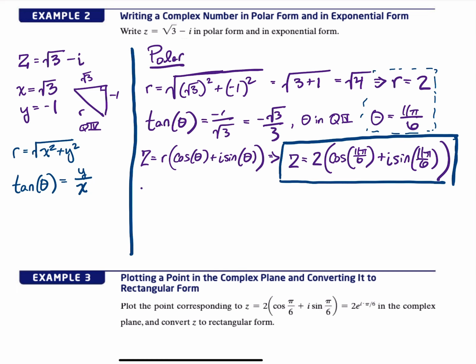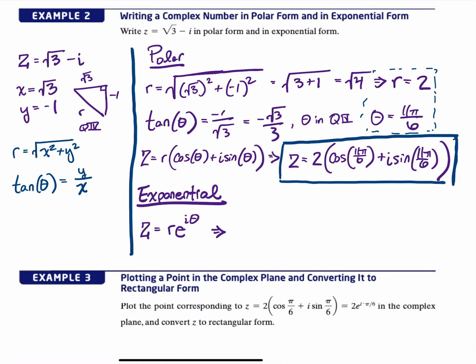And then let's put it in exponential form. So we said a little bit earlier that z can be expressed as r times e to the power of i theta.